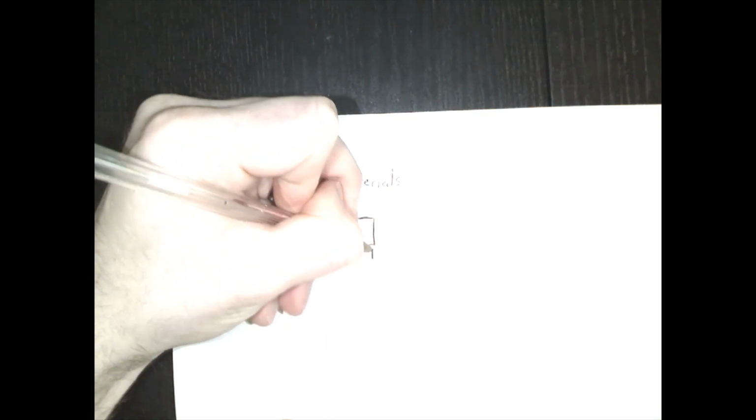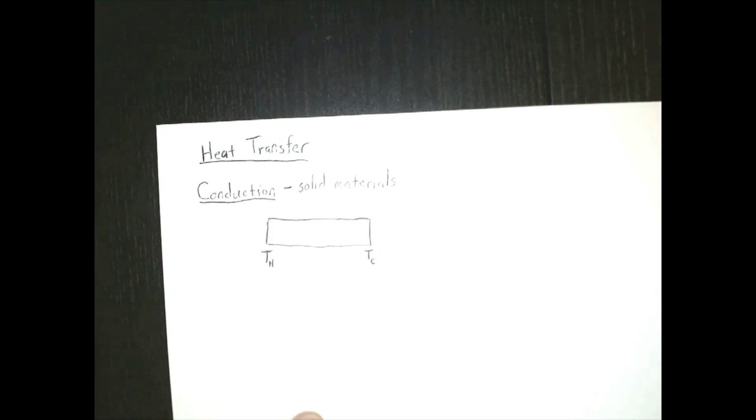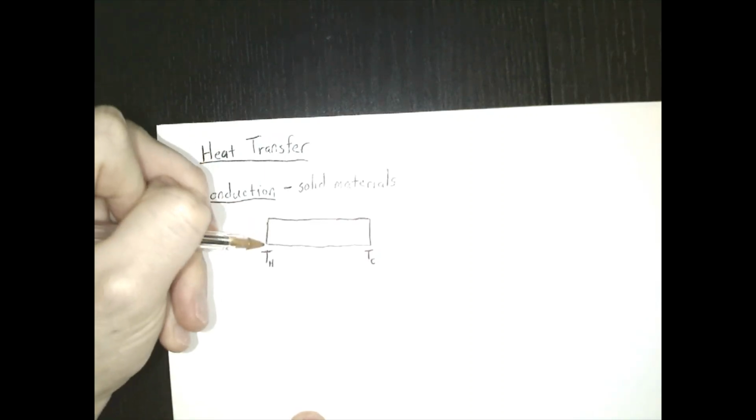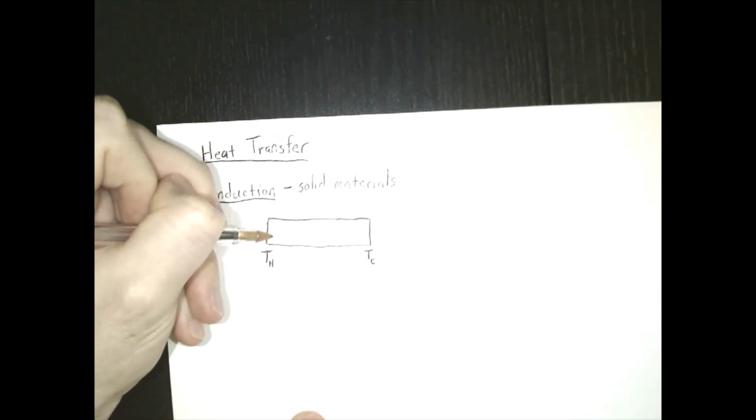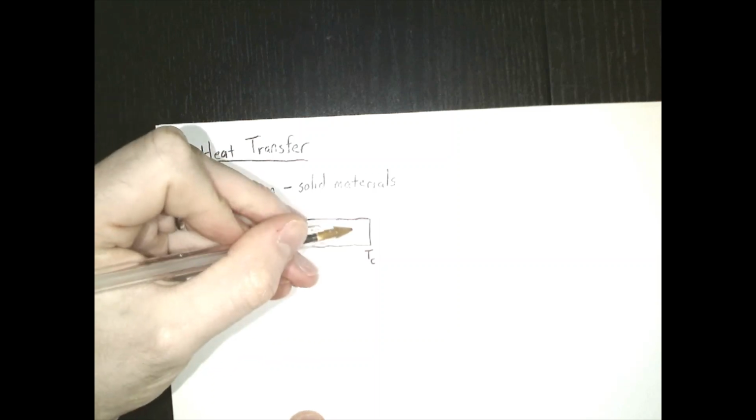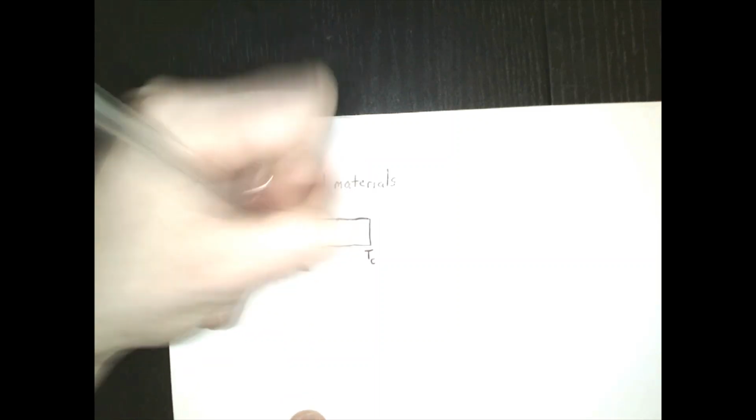And by definition, this side must be cooler, so we're going to call that T_cold. What happens is the hot side is going to transfer its heat directly by conduction to the other side, causing this eventually to reach some T average in the middle overall.